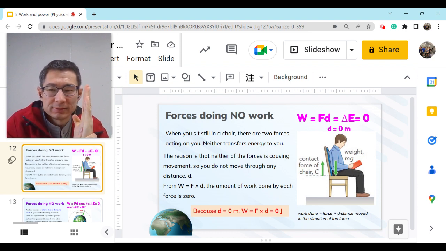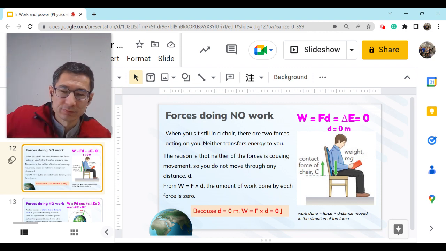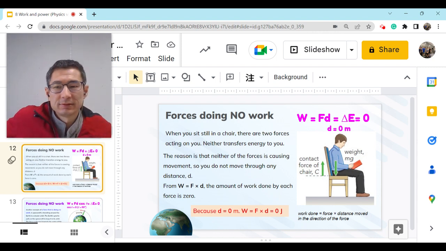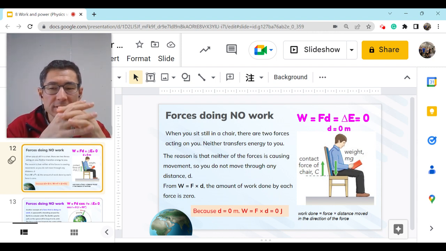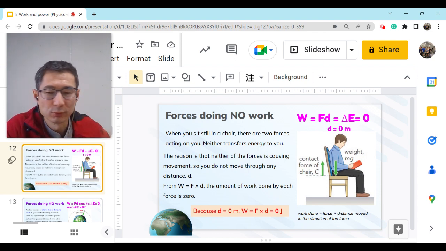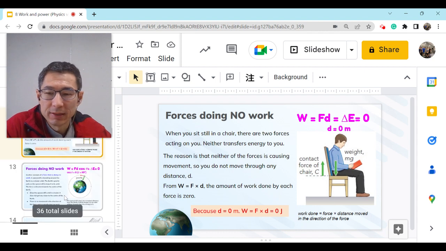But it is balanced by the contact force of the chair, and you are not moving, so D is zero, and there is no work done. There is no energy transfer.